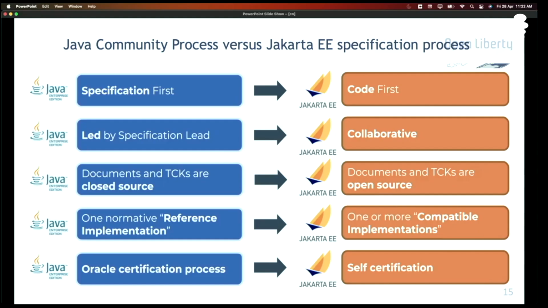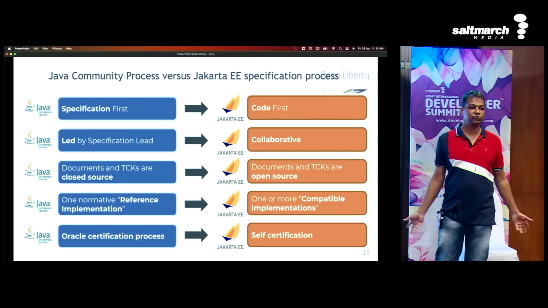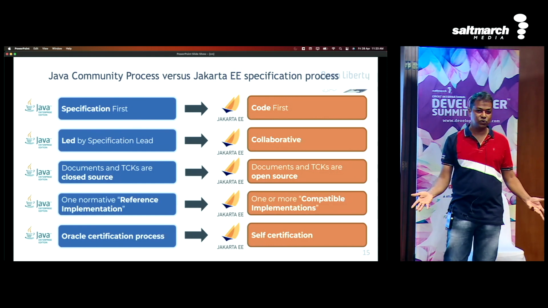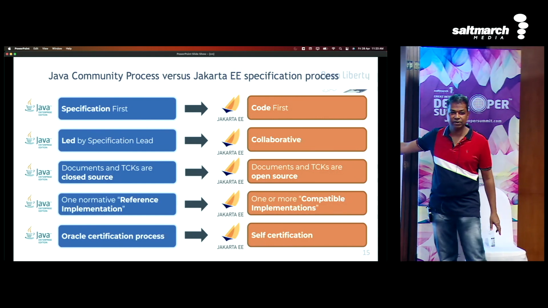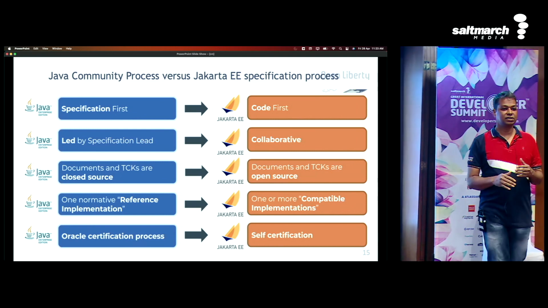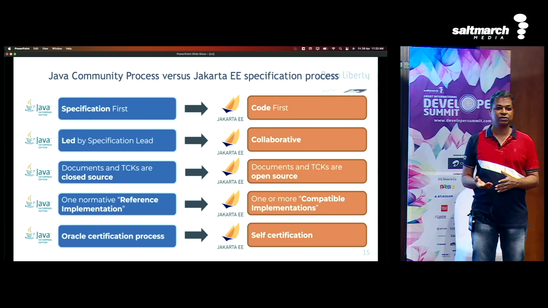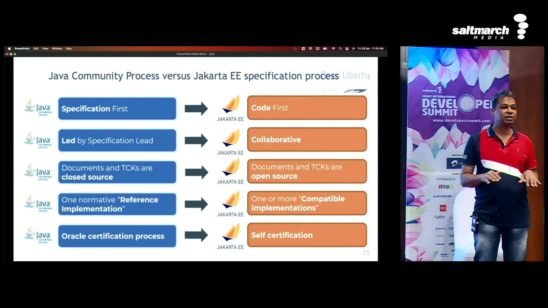I just want to re-emphasize that earlier J2EE was dictated by Oracle. What the specification is, what the capability is, everything came from the top, and we just used it. But now it is collaborative. It is done, iterated, debated, criticized, and improvised in the community, completely in the open.